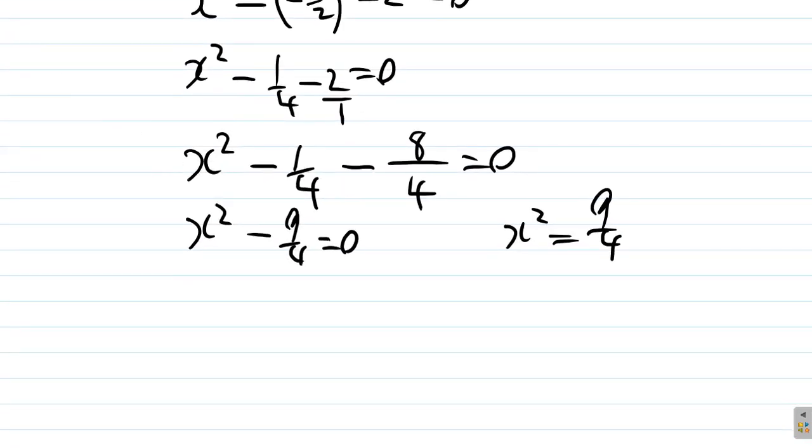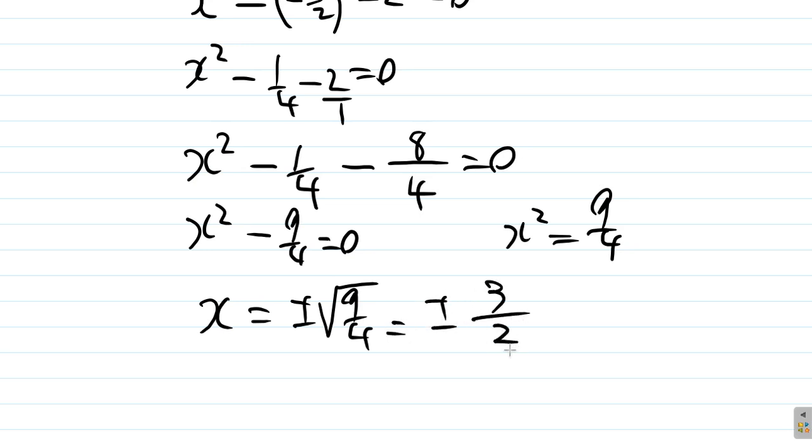Good. Now, what is x? Positive or negative the square root of 9 over 4. The square root of 9 is 3, the square root of 4 is 2. So 3 over 2. Good.